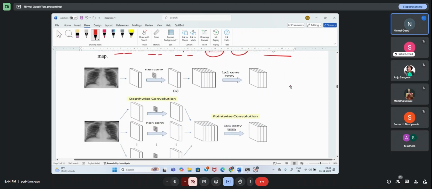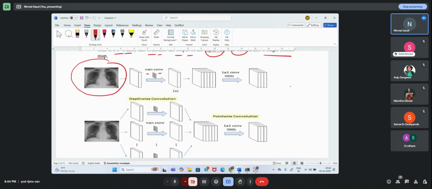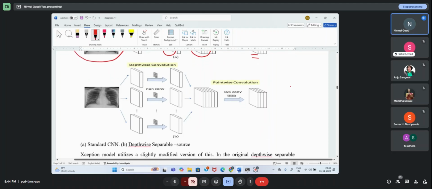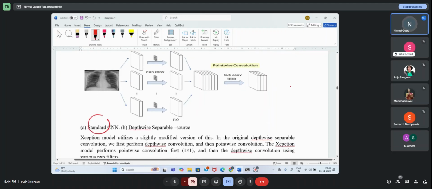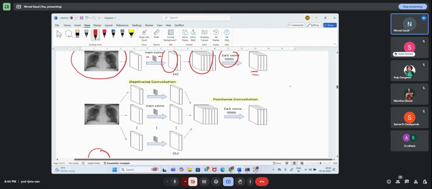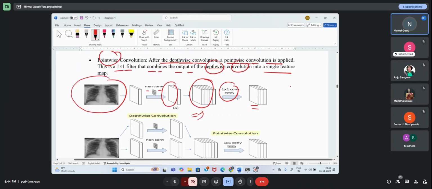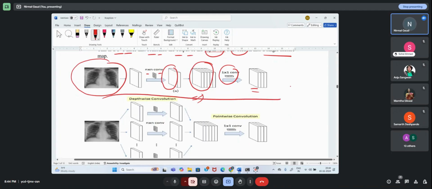Here a chest X-ray image has been taken, and here an n cross n convolution is applied. That's the general process, I guess. Then this is the channel output I'm getting. Then one cross one is applied. In the other case, the first diagram is the standard CNN. This is how we work in a convolutional neural network. In the general case, we apply convolution, feature extraction, then pooling.